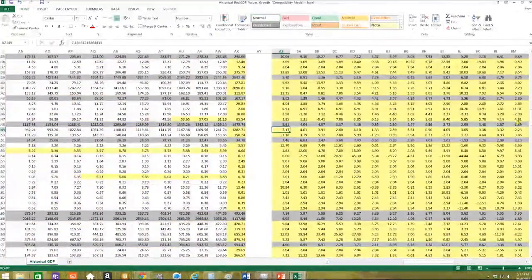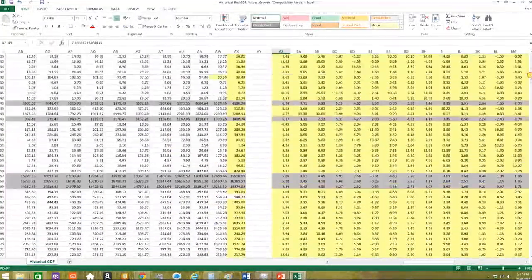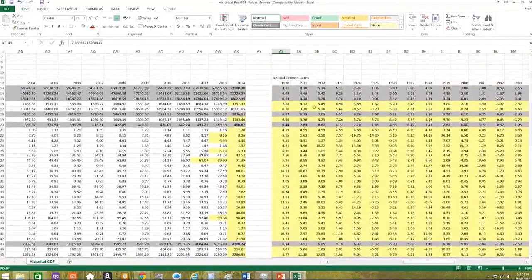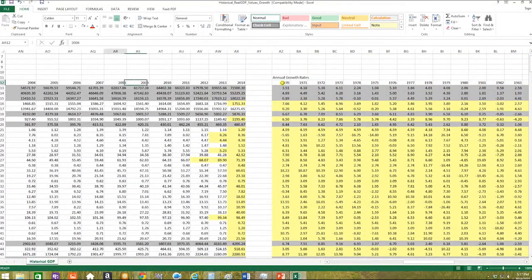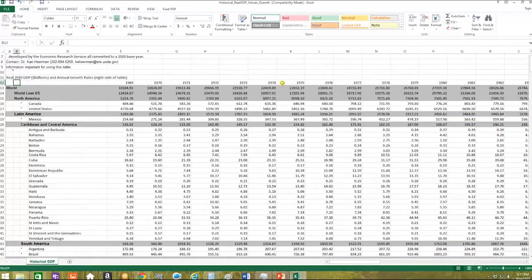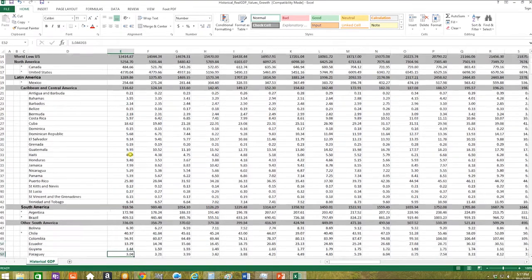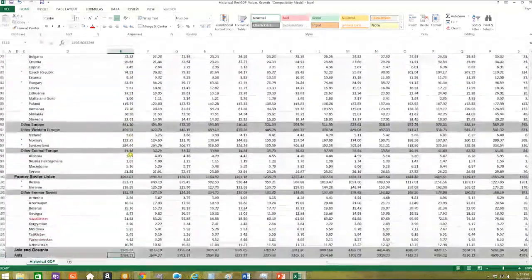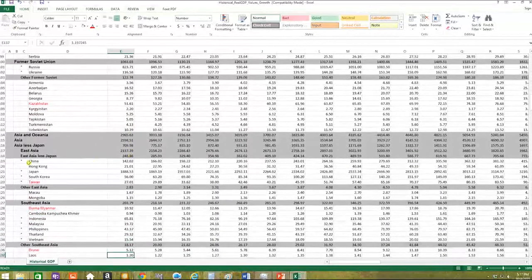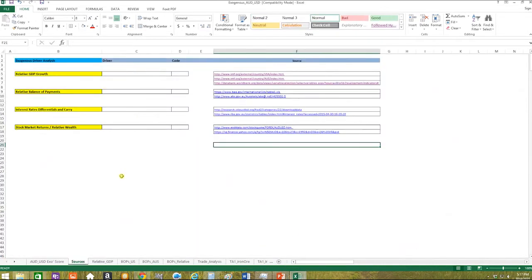And this, if we scroll back to the top, is going back to 1970. So we have the growth rates going back to 1970 and the values going back to 69. And what you have to do in your Excel formatting is basically turn this data around. So instead of it showing horizontally on the page, you want it to be showing vertically in the way that we formatted over here.